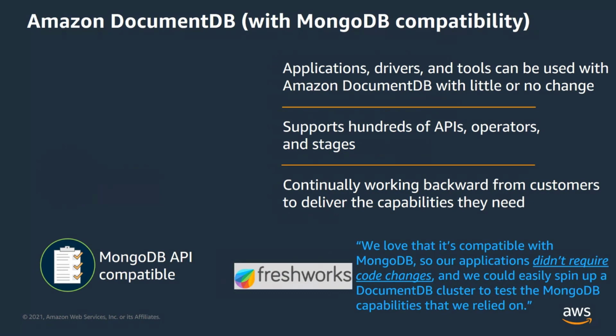And then lastly, MongoDB compatibility. It's part of the service name, the full name being Amazon DocumentDB with MongoDB compatibility. We designed it so that drivers, applications, and tools can be used with DocumentDB just like they could be used with MongoDB. Now, we don't have full coverage of the MongoDB API. We have really focused on the ones that our customers have told us are the most important.